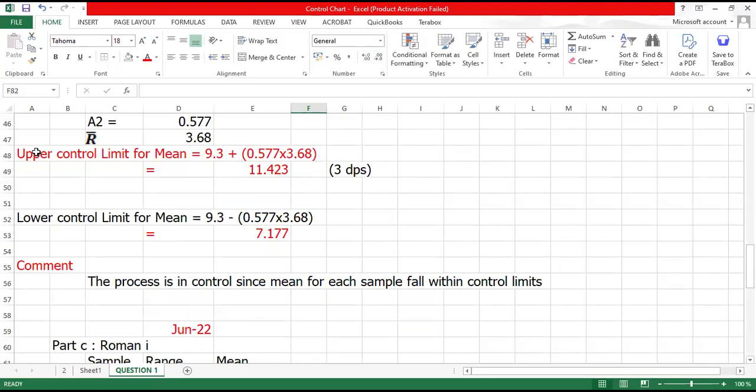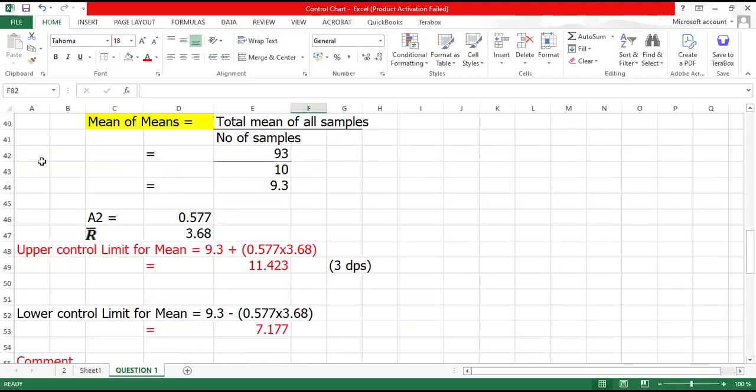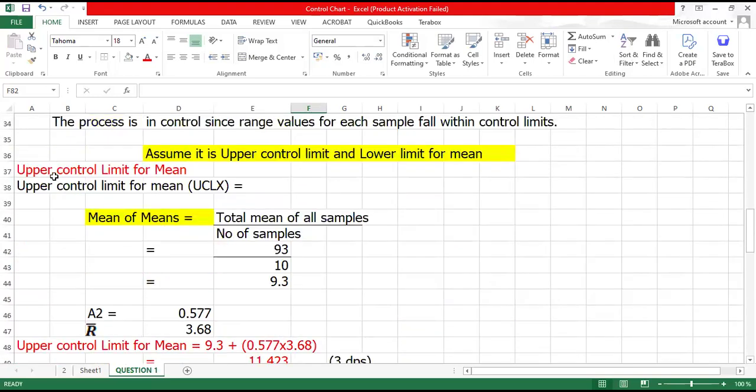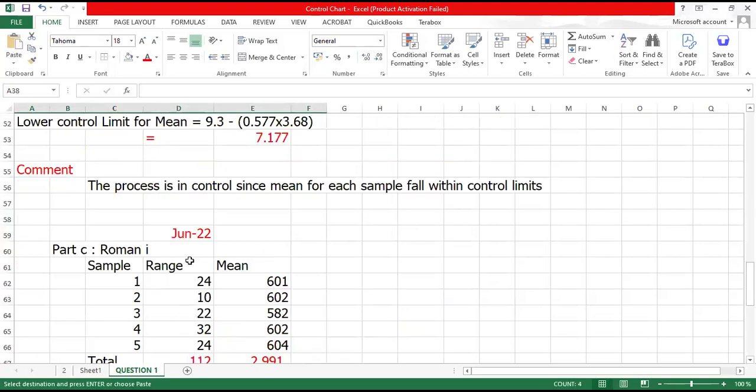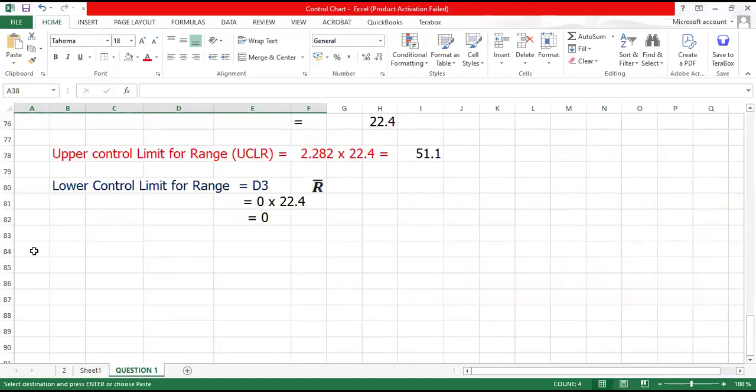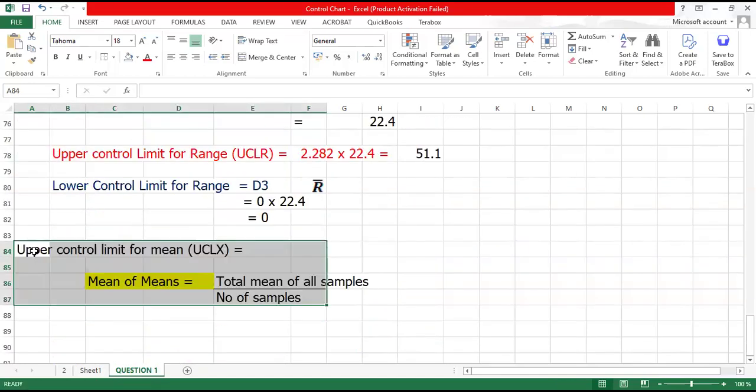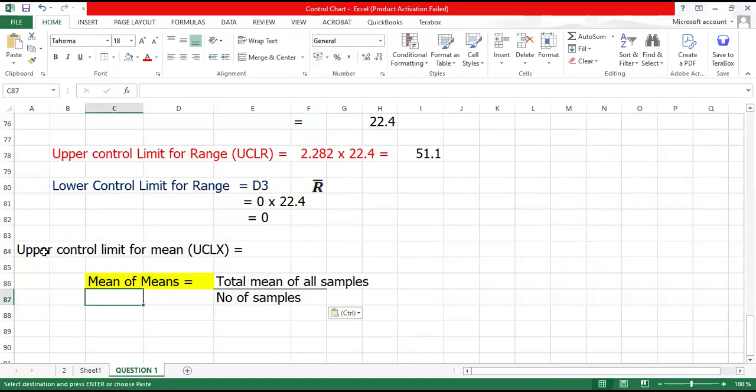So go to mean. The formula is given. We need the upper. Let me just copy all of this. You recall the formula we use.